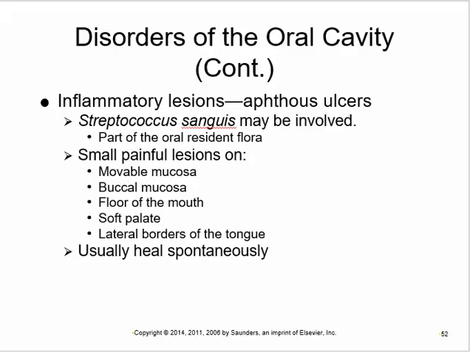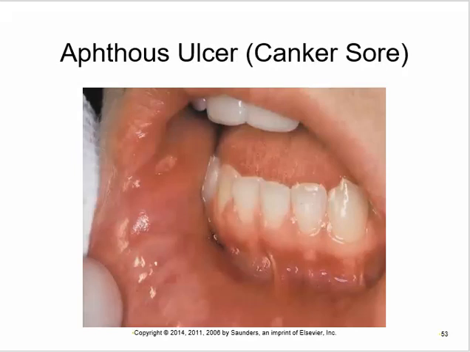They're small, tender, painful lesions on the floor of the mouth, on the soft palate, on the lateral borders of the tongue. They usually heal spontaneously. You can put things on them, little drops that help. People that are immunocompromised are probably more susceptible to them. They look like that. There's one on the lips, so it's just a canker sore.